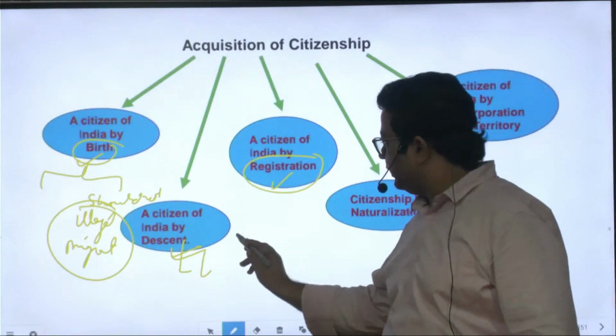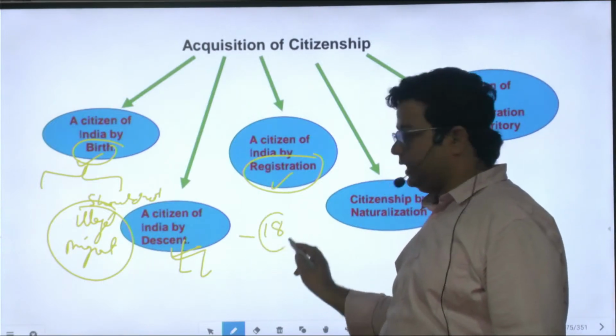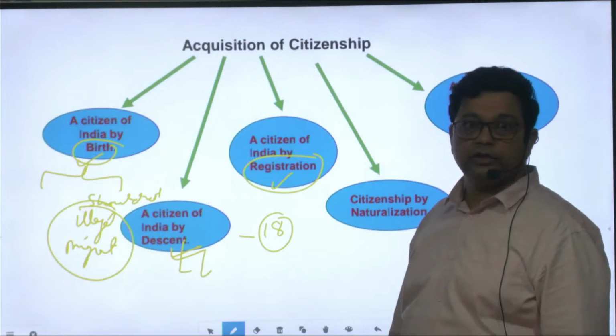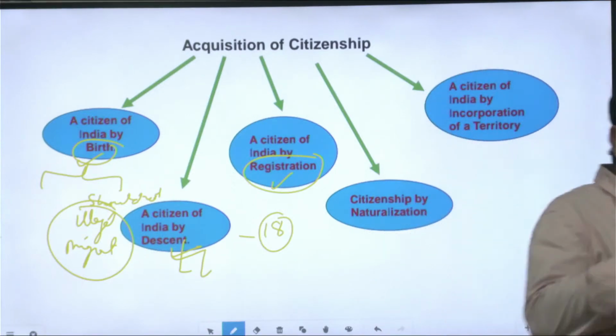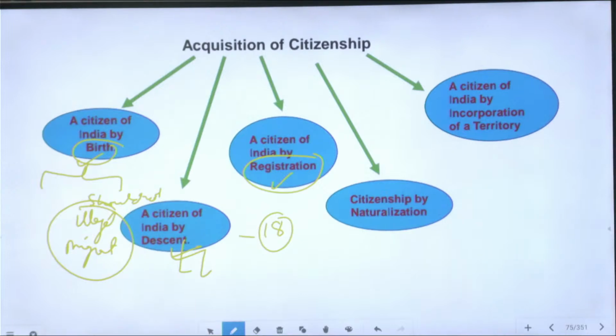So till the age of 18, which is considered maturity, the individual will be a citizen, because at the time of his birth one or both of his parents were citizens, irrespective of the place of his birth. So by descent he becomes one.